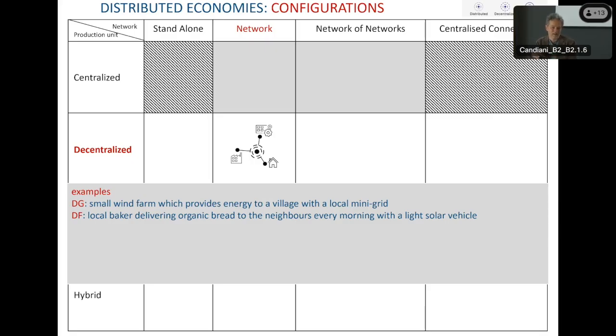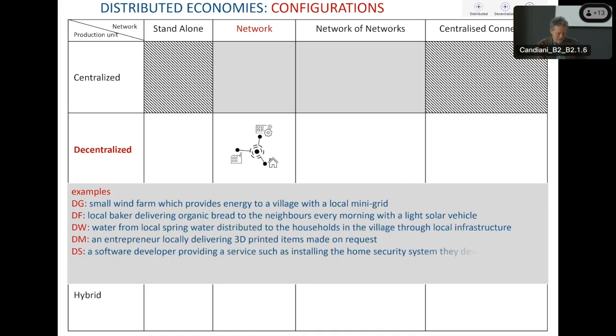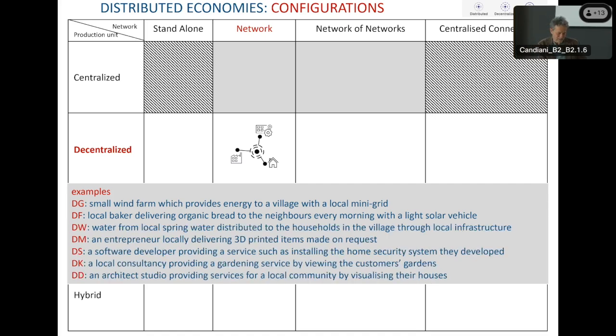I'm not producing my bread, I'm buying the bread directly, but the baker is organizing the distribution of bread. And here, if you are curious, you can look at that other example.